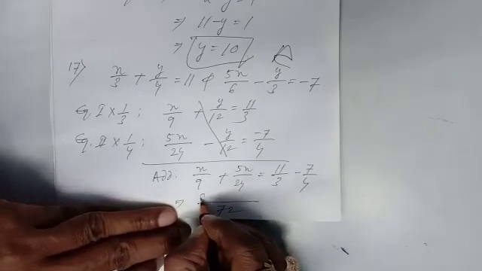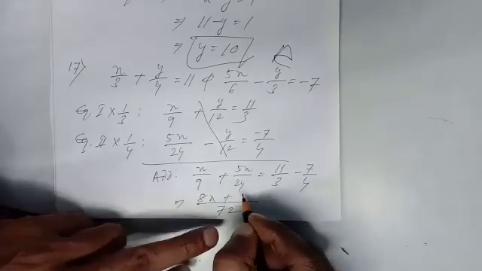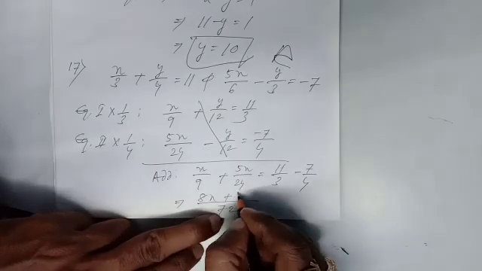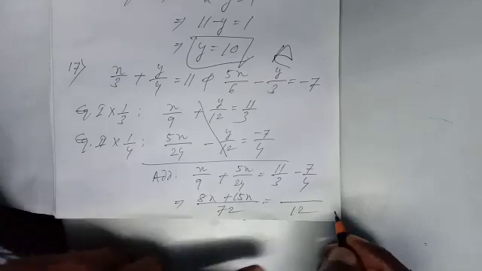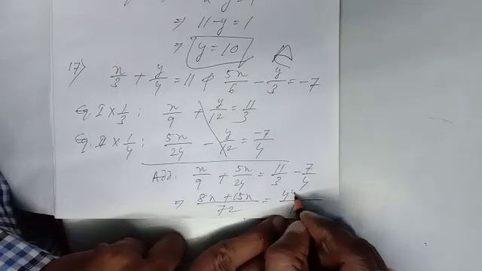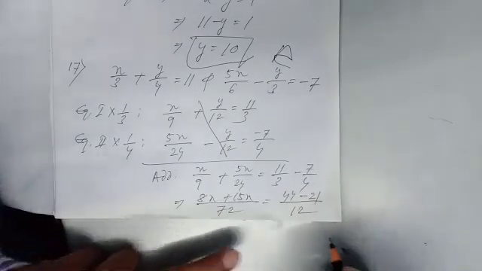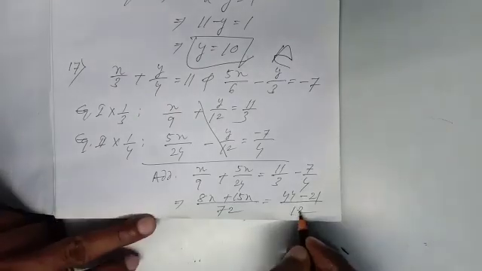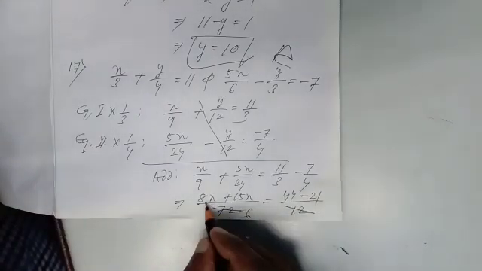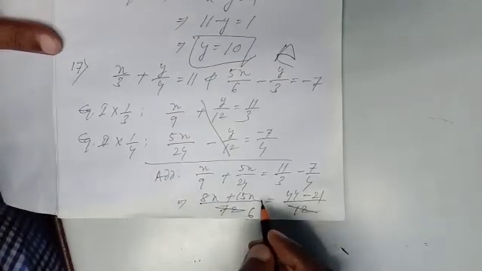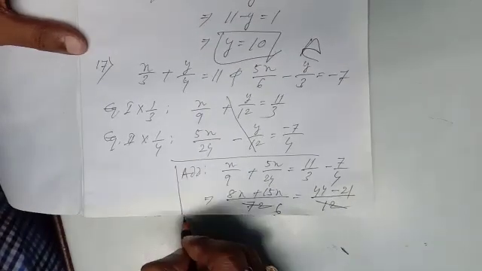9 times 8 means 8x. 24 times 3 is 72, 3 times 5 is 15x. LCM will be 12 here, and this will be 44 minus 21. Now this can be cancelled. 12 times 6 is 72. How much are you getting? 8x plus 15x.